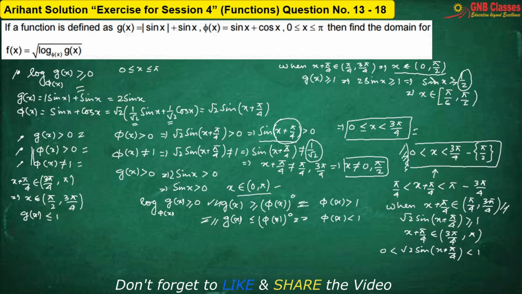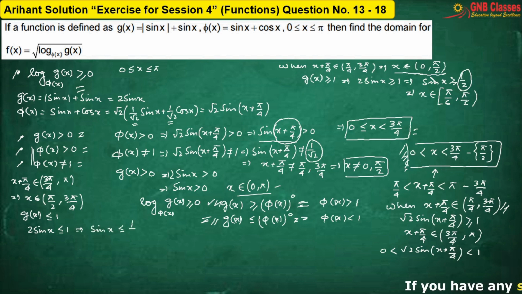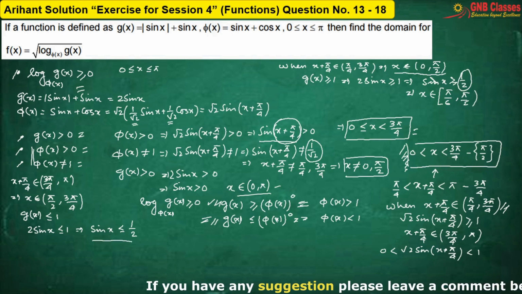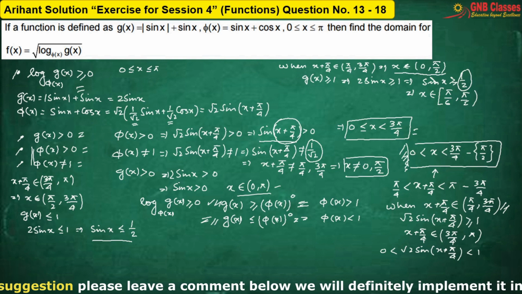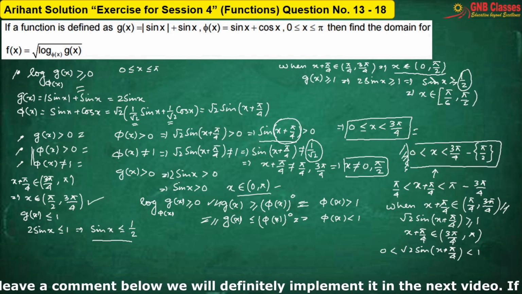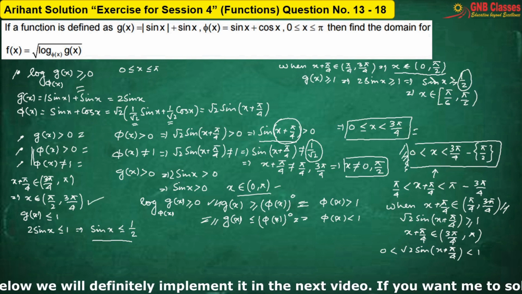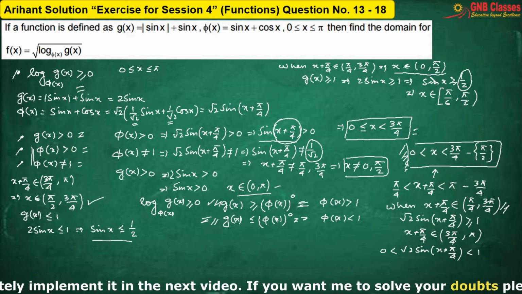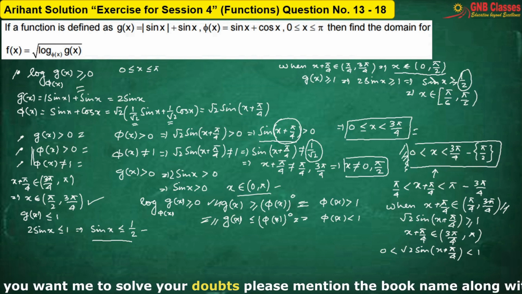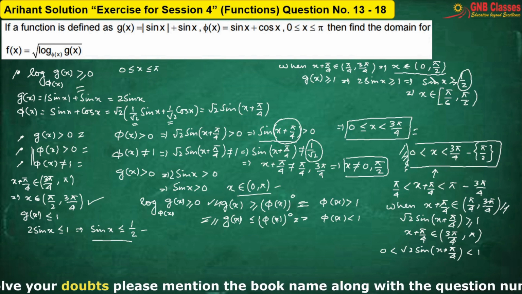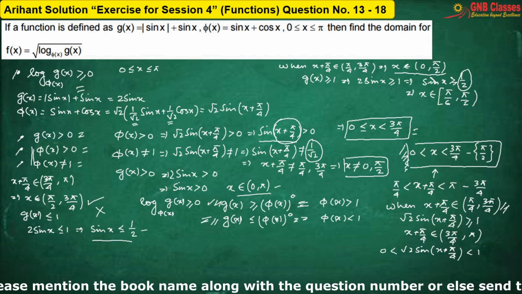That is, 2 sin x is less than or equal to 1, implies sin x is less than or equal to half. Now from here, we are not going to get any set of values of x, because as x is lying from pi by 2 to 3 pi by 4, in this region sin x will never be less than or equal to half. Therefore, from this region, we are not going to get any solution.